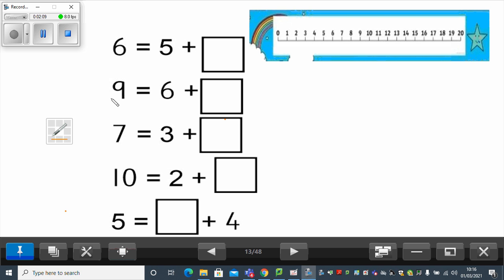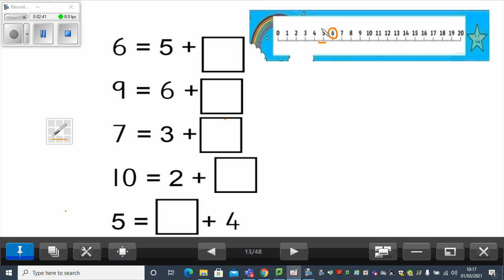Okay, how did you get on with those? Let's have a look at the first one. So 6 is our whole number, so 6 equals 5 add what? Well, let's have a look at our number line. So I know one of my parts is 5, so that's where I'm going to start from. My answer is 6. So how many jumps up my number line will it take to reach 6 if I'm starting from my parts of 5?